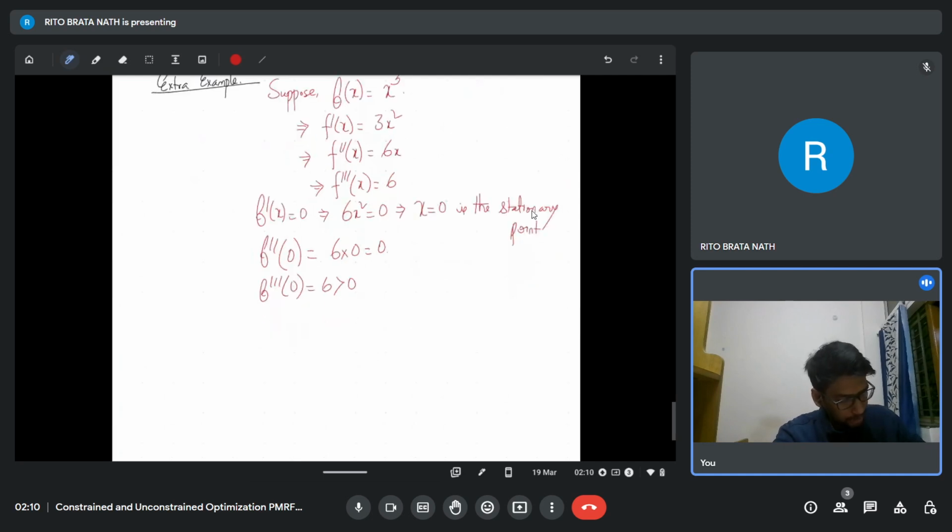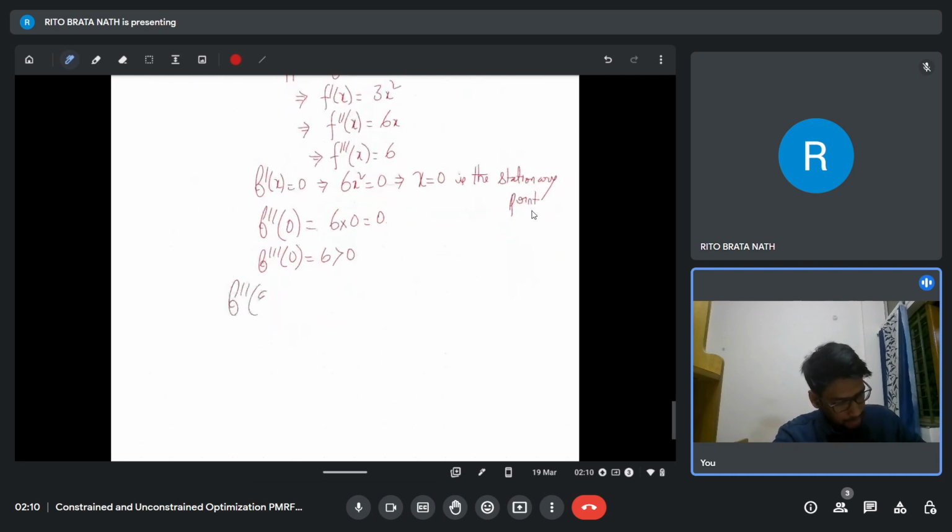Now you can also check f double prime epsilon, where epsilon greater than 0 is a very small positive number. It is 6 epsilon, so this is greater than 0, and this is minus 6 epsilon, so this is less than 0, so there is a changing of sign.